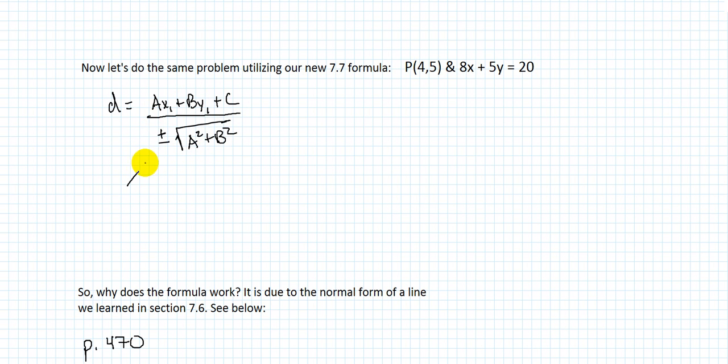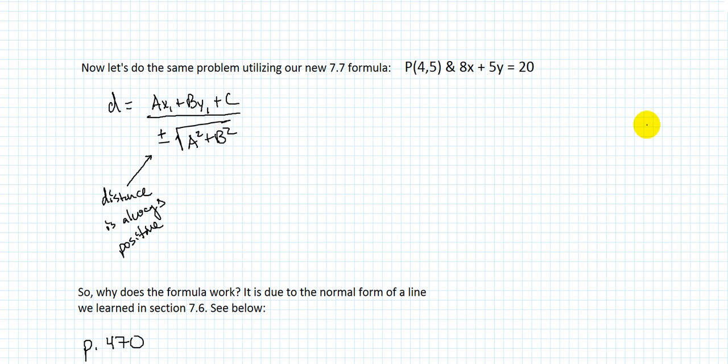The other thing is this plus or minus really doesn't matter because distance is always positive. What happens is that plus or minus is dependent more on where the line and the point is relative to the origin.